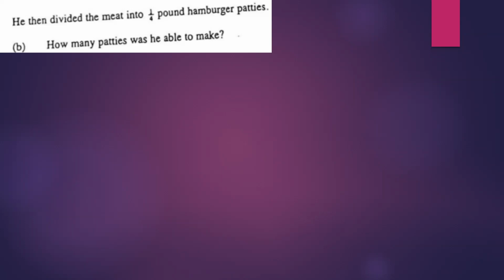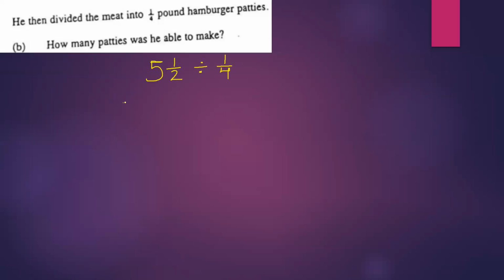How many patties was he able to make? Any ideas on how we ought to get it? Okay, no ideas. So we already know that there's a total of 5 and a half pounds, and we have to divide that into 1/4 pound burger patties and figure out how many are made. So we just have to divide. Divide by what? 1 over 4. Yes, divide.